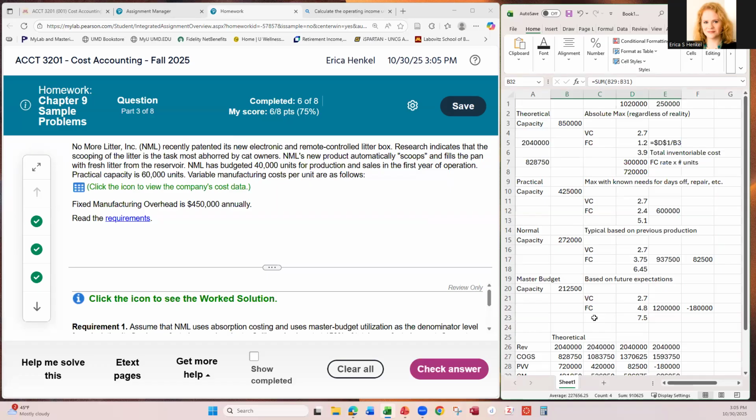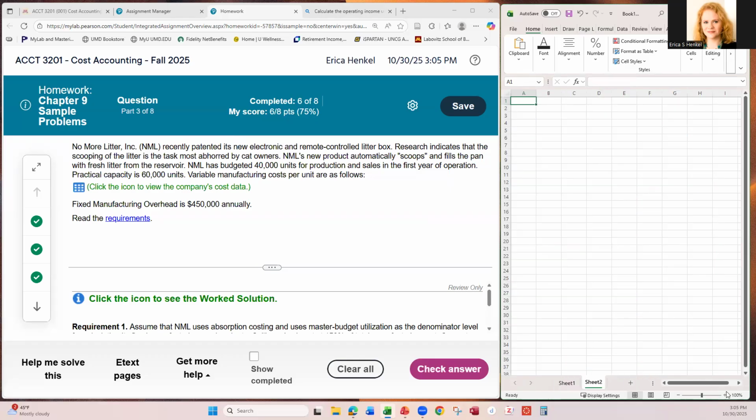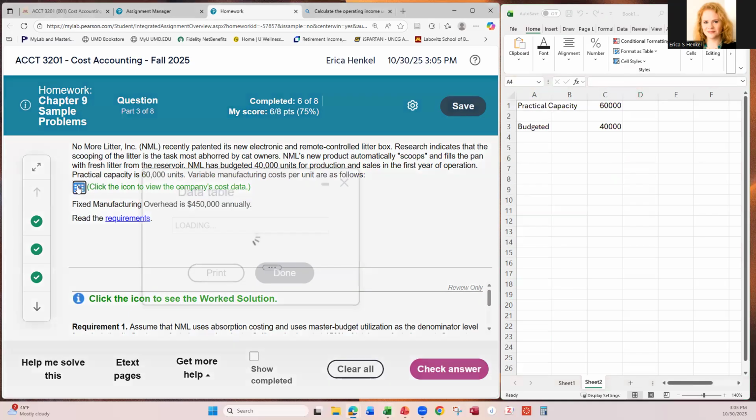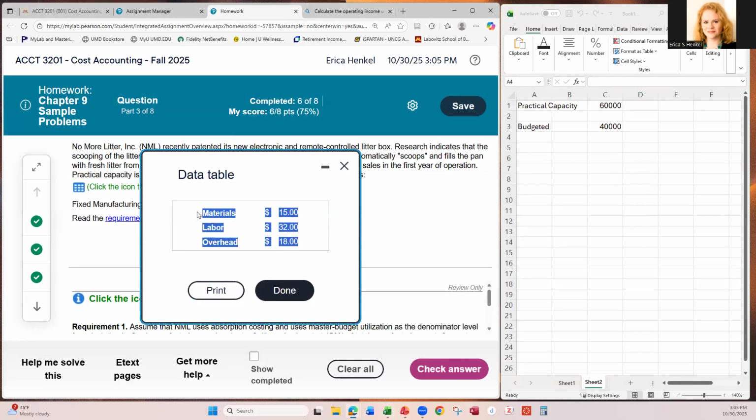And looking at that here, let's take a look. What do we got? Make this a little bigger. Okay, so practical capacity. I'm just going to put this. All right, so materials 15, labor 32, and overhead 18.